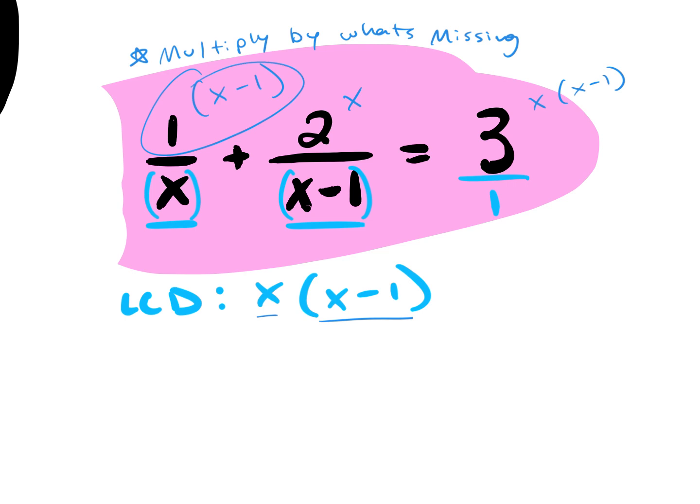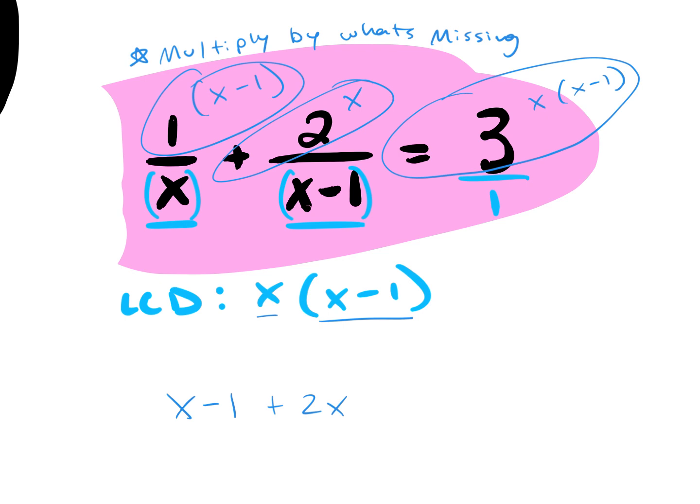So we have 1 times x minus 1, which would just be x minus 1, plus 2 times x, so 2x, and then that's equal to 3 times x minus 1. What do we do next?